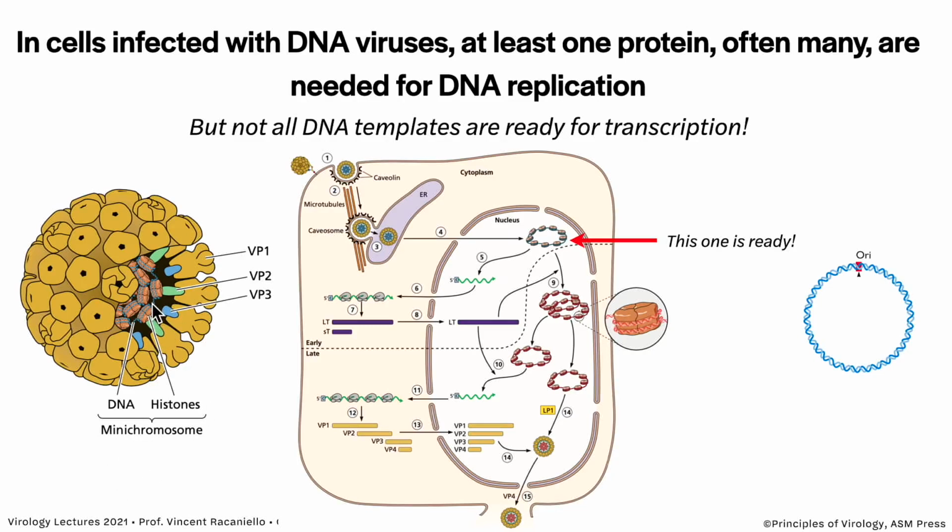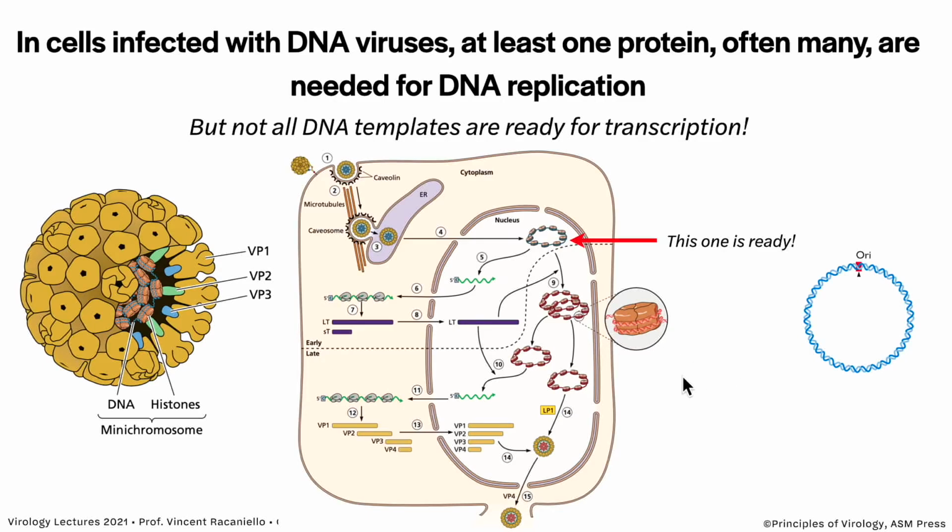And this is very unusual for viruses. Most virus particles do not have what we call chromatinized DNA, that is, DNA wrapped around histones. You can see in the particle there, and also here's a blow up. The histone proteins are in the middle, and the DNA is wrapped around it.